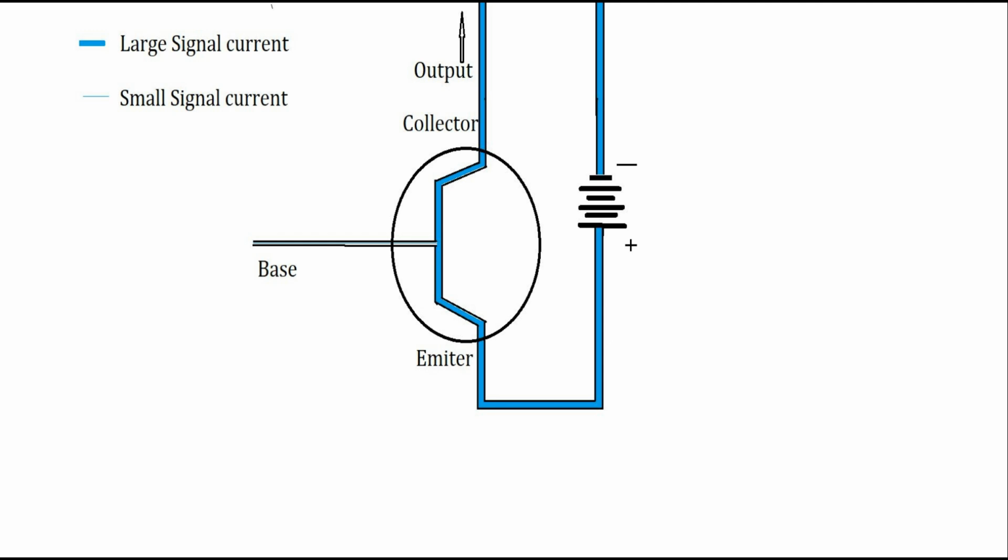So how is the signal actually amplified? You take the signal you want to be amplified, the smaller signal, and feed it through the base. When it goes into the transistor, it allows the transistor to start conducting between the emitter and the collector. The battery is 9 volts. That's a lot of volts. And it has a high current, a fairly higher current than what's at your base to go through the transistor.